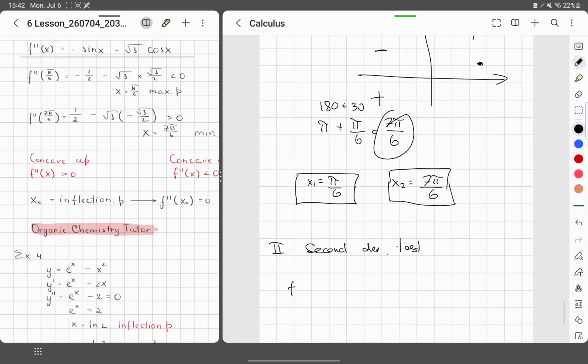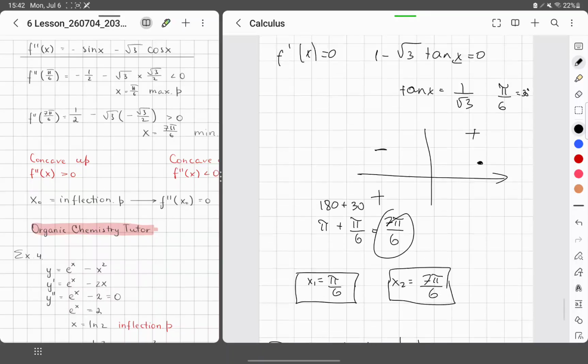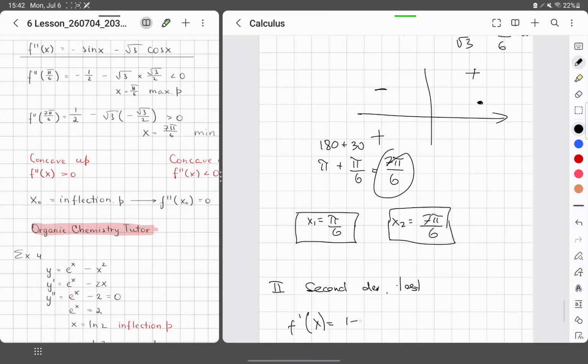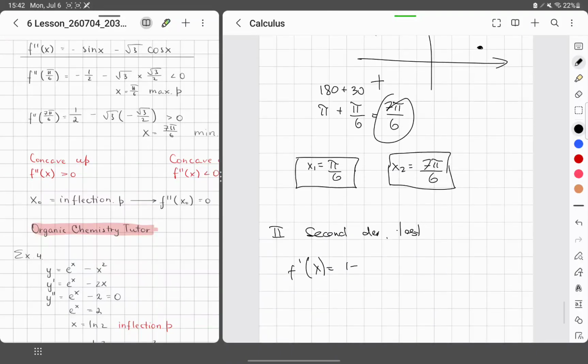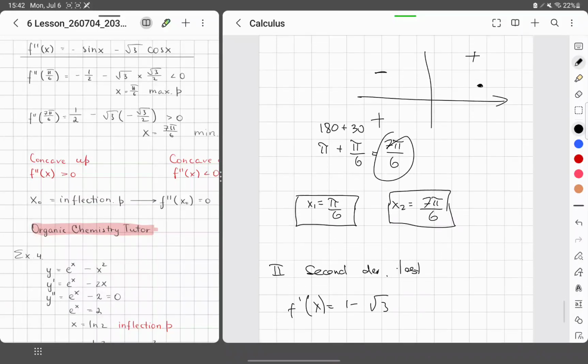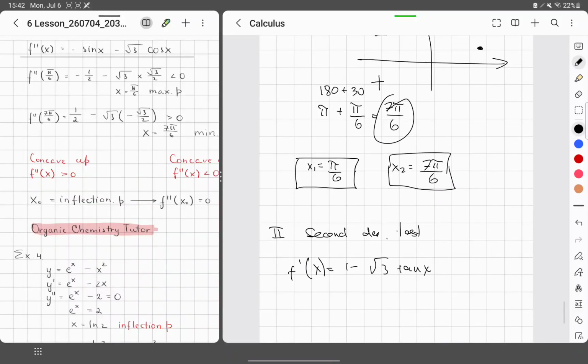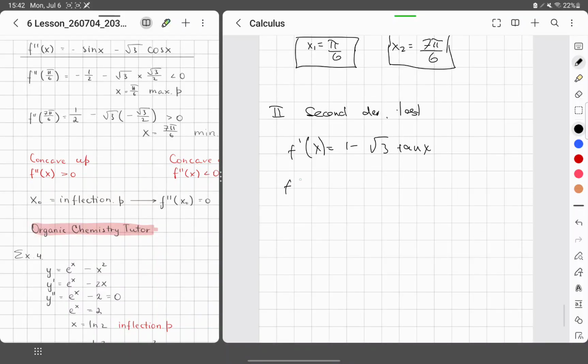The first derivative of our function is 1 minus square root of tangent x. So for the second derivative, 1 will disappear.